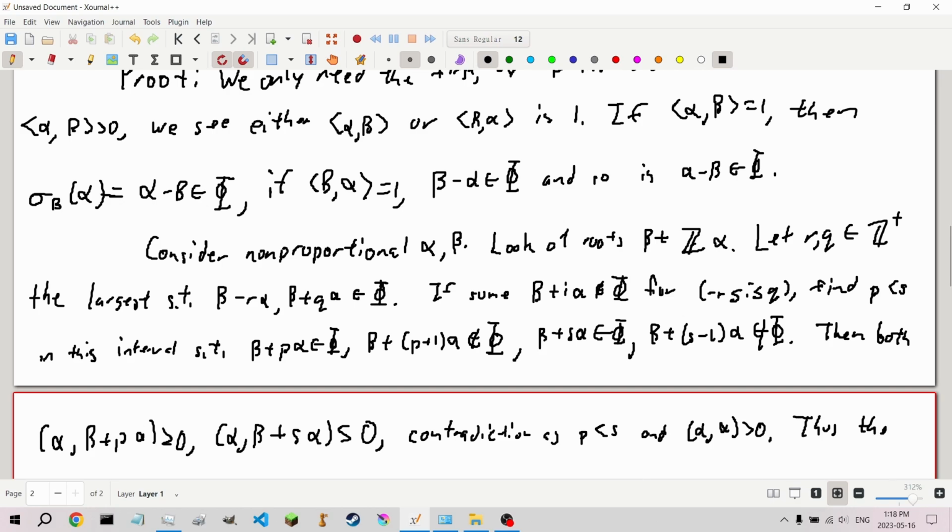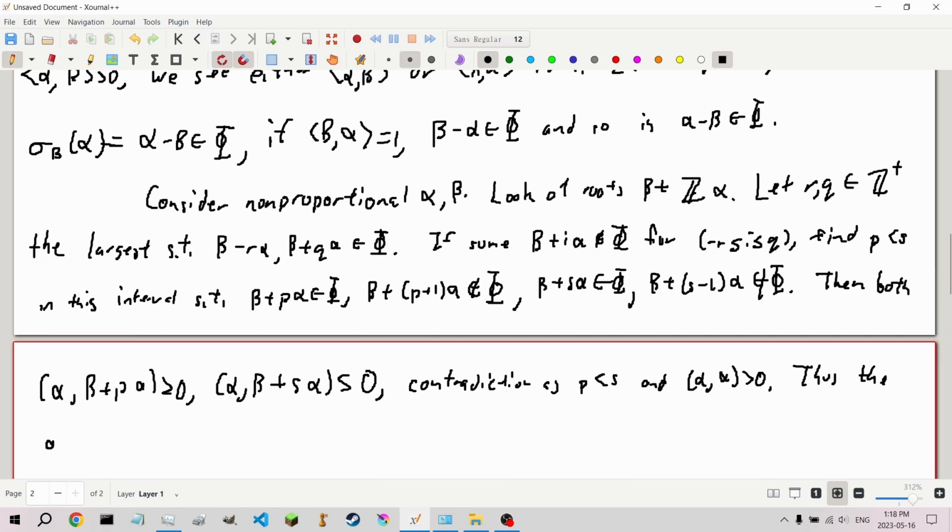Thus, the alpha string through beta is unbroken, from minus r to plus q.